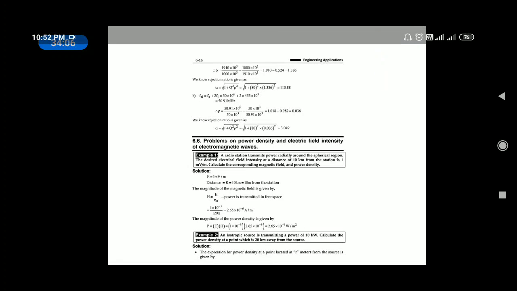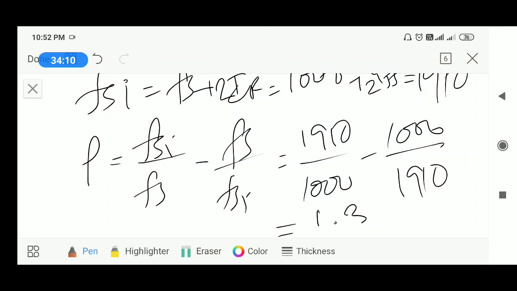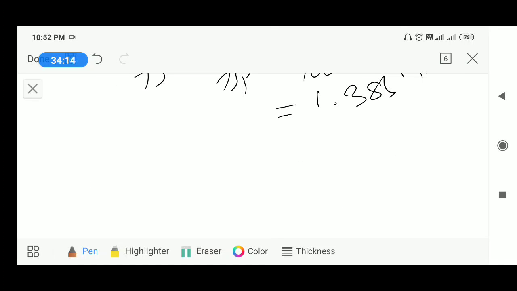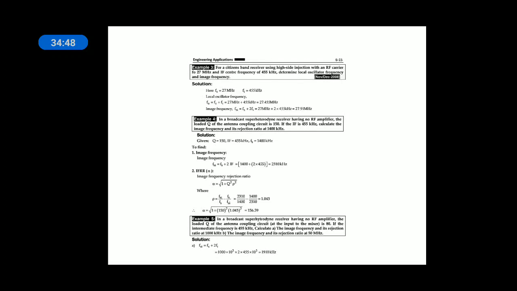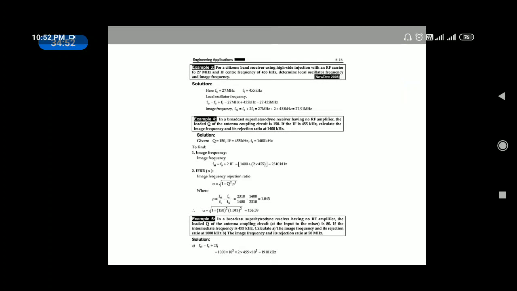The value of rho is 1.386. Then alpha, the image frequency rejection ratio, is equal to the square root of 1 plus Q square rho square. Here Q is 80, not 8, and rho is 1.386.